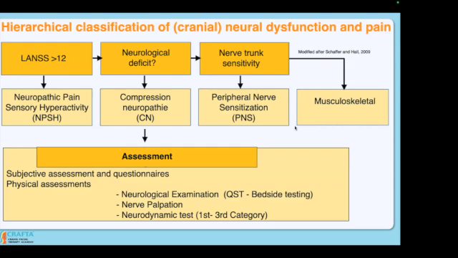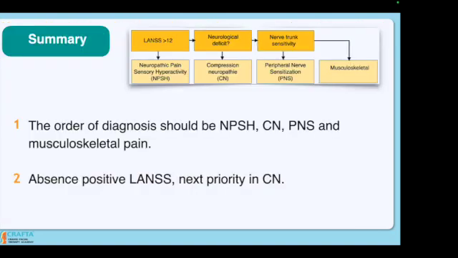If it's not these three classifications, it still, of course, can be a musculoskeletal problem. So first, and I think that's the key for tonight, the order of diagnosis should be first an MPSH, then we talk about maybe there is a compression neuropathy, and then maybe there is a peripheral nerve sensitization, and then maybe it can lead to a musculoskeletal pain problem.